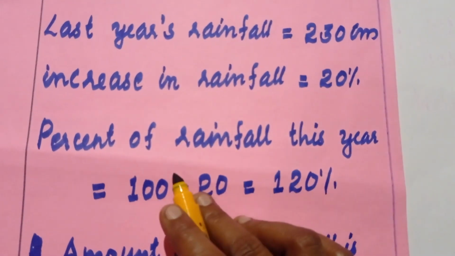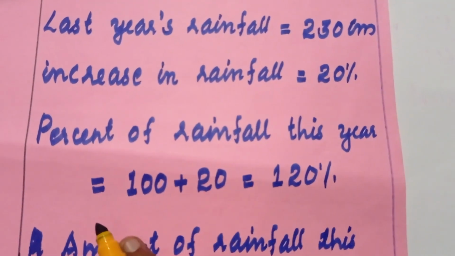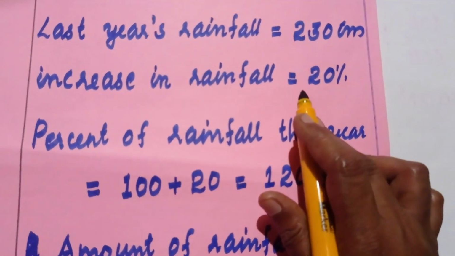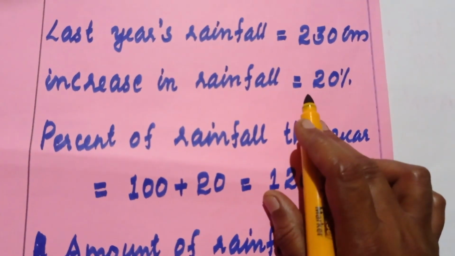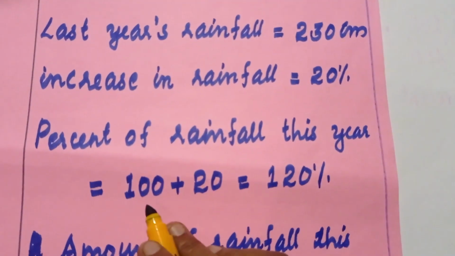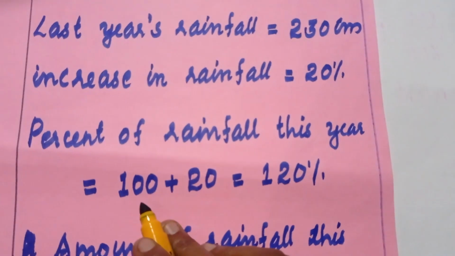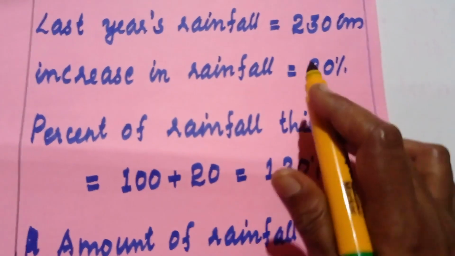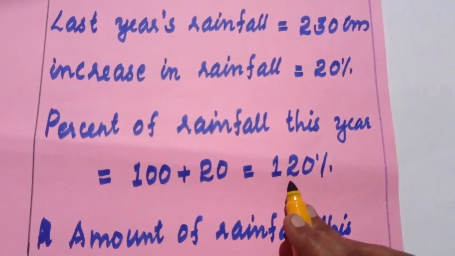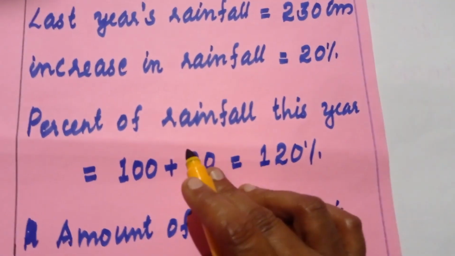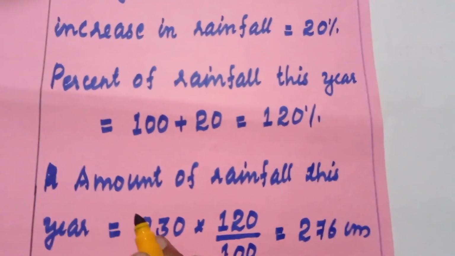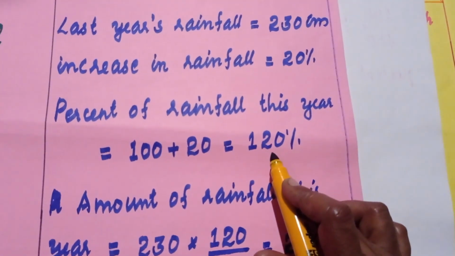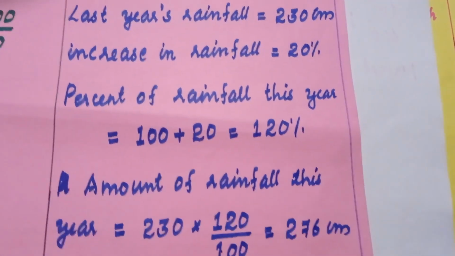Then percent of rainfall this year is 100 plus 20, since it is 20% more or an increase in the percent. 120% is the percent of rainfall this year. Then amount of rainfall this year is 120% of the last year's rainfall.